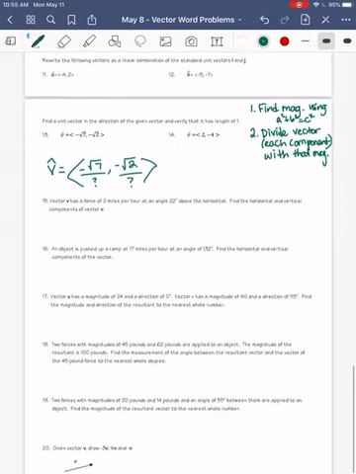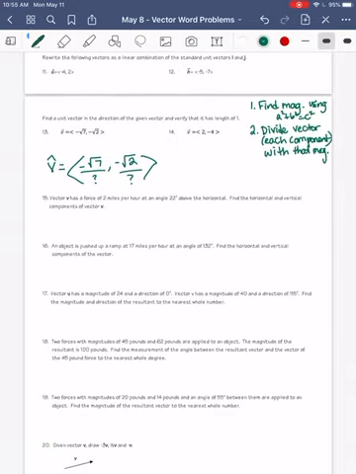Then 15 and 17 and 19 are all like what we have done recently. I'll tell you 15 is going to be a right triangle, so you can do SOHCAHTOA or Pythagorean theorem, either of those. 17 is not, so you'll have to do law of cosines.